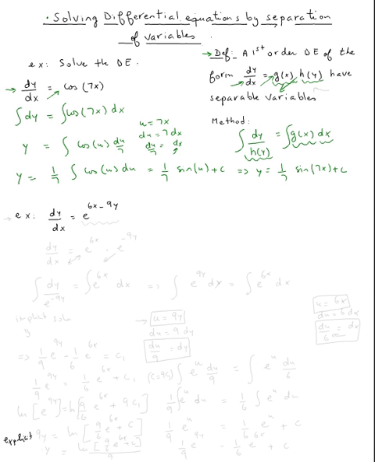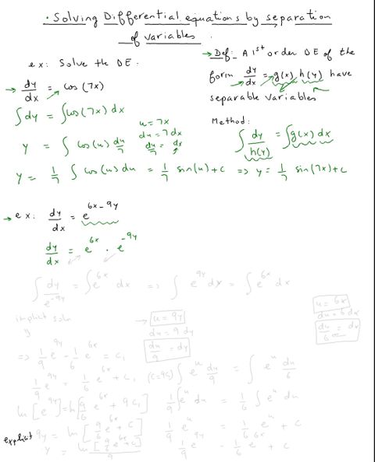So let's do example 2. Example 2, dy/dx is equal to e to the 6x minus 9y. So again, going back to the definition, we try to write e to the 6x minus 9y as a function of x times a function of y. If you look at the DE, you can see that this is just e to the 6x times e to the negative 9y.